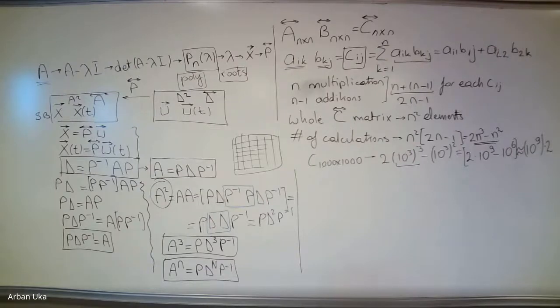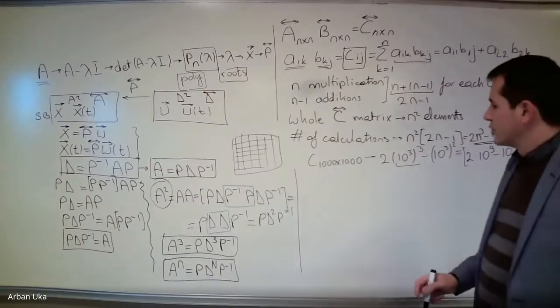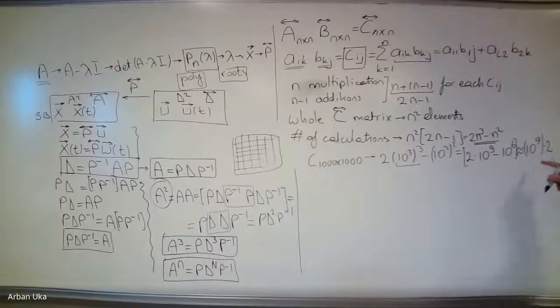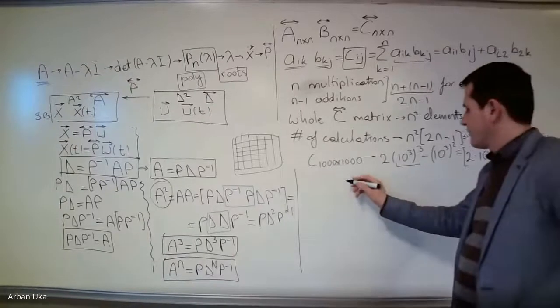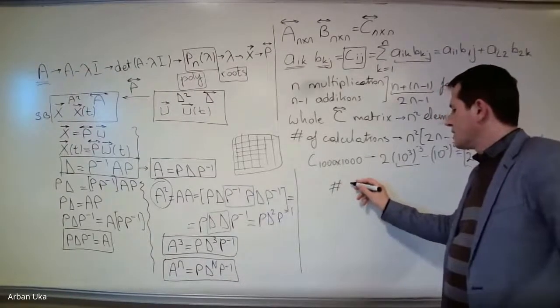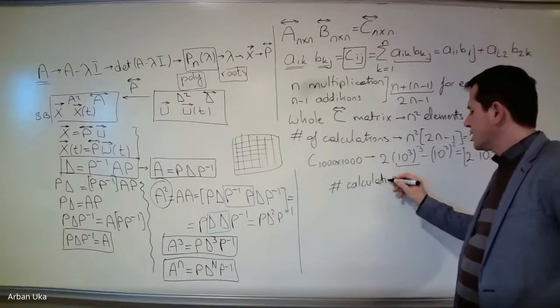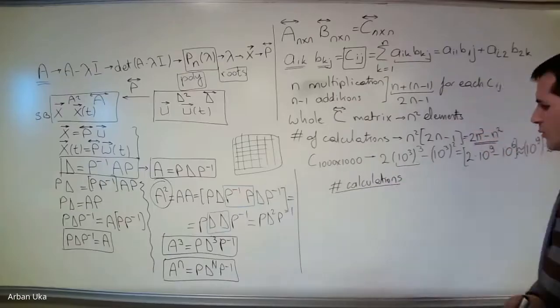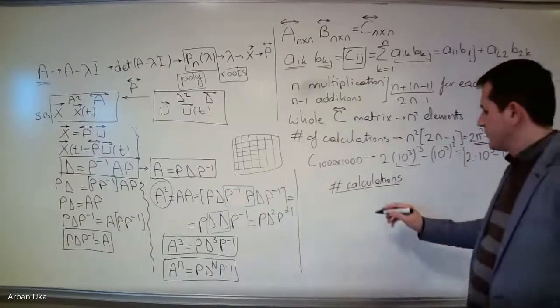So, how long does it take for a computer to do this many calculations? Less than a second. What speed are you considering? We need to know the CPU speed.